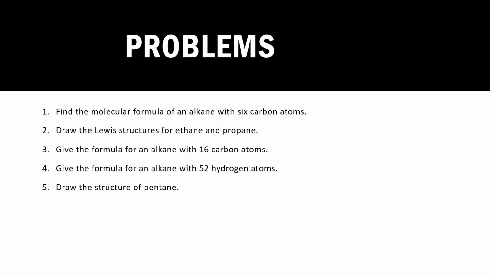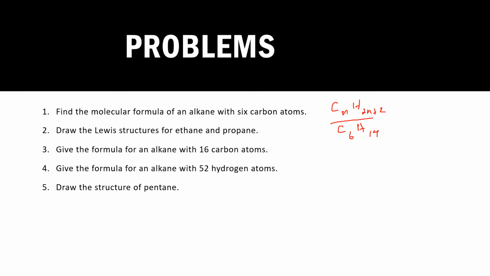So, problems. Find the molecular formula of an alkane with 6 carbon atoms. What is the basic formula from the last slide for the alkane? CnH2n+2. Now this given alkane has 6 carbons, therefore C6. So H2n+2 means 2 times 6 is 12, 12 plus 2 is 14.